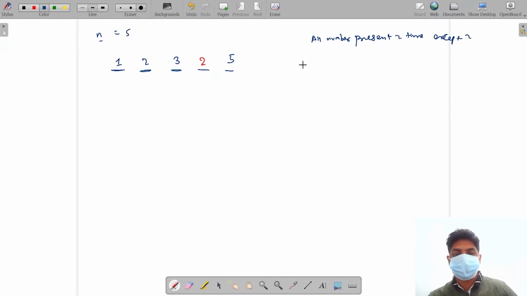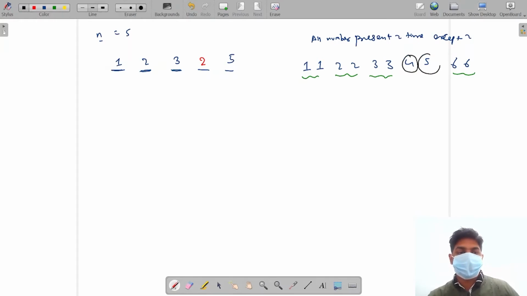We had a problem like this, in which all numbers are present two times, 1 1 2 2 4 5 and 6 6. Here we are saying that all numbers are present two times except these two numbers 4 and 5, and we have already solved this particular problem. Okay, so we are going to reduce this problem to exactly this problem.